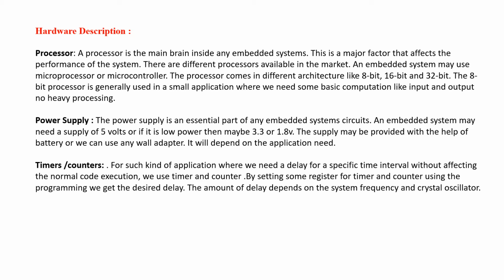So depending on the application of embedded system, we can select a processor. The processor comes in different architectures like 8-bit, 16-bit and 32-bit. Second component is power supply, which is used to supply the power to essential parts of an embedded system.